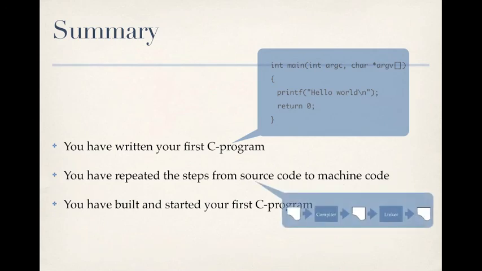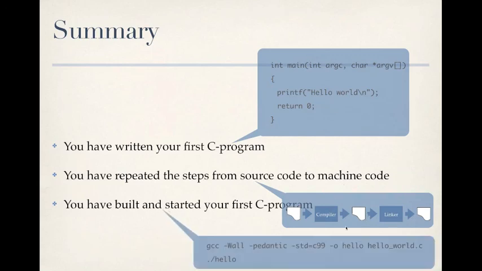We were also discussing the steps from source file to an executable file via the build process, compiling and linking. And finally, we built and we started our first C program, and we found out that it works.